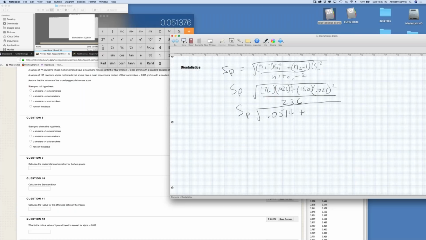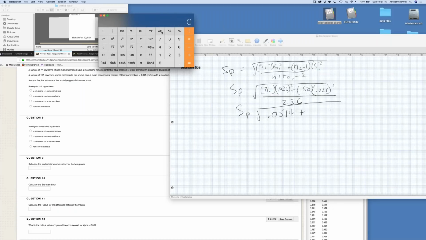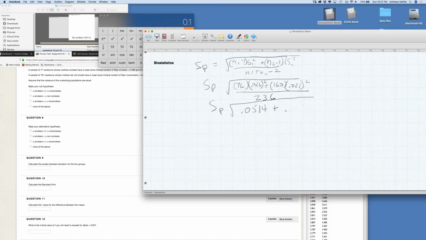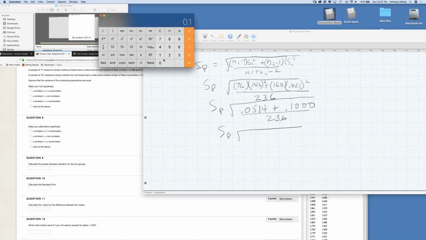Plus, now I'm going to do the second part of this. 0.025 times 0.025. Okay, 625, that looks right. Times 160 is equal to 0.1000 over 236.